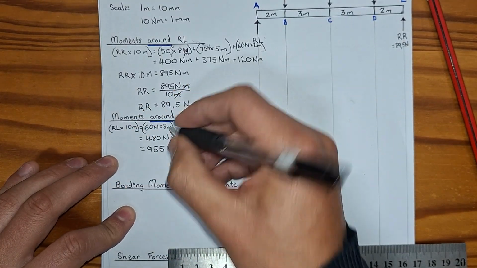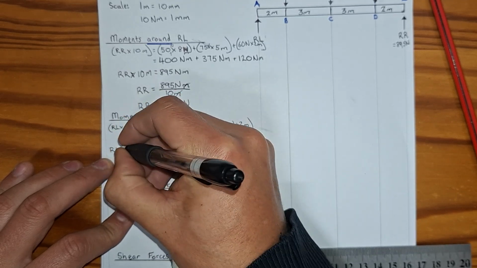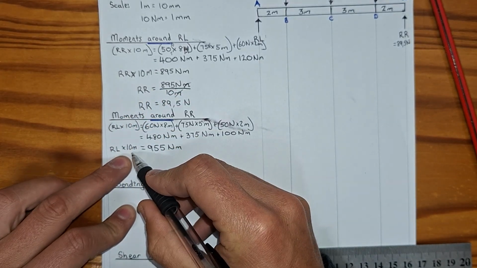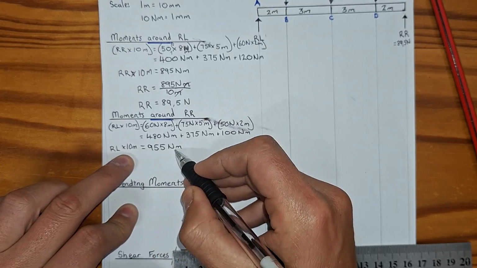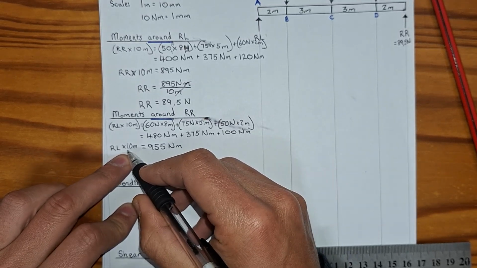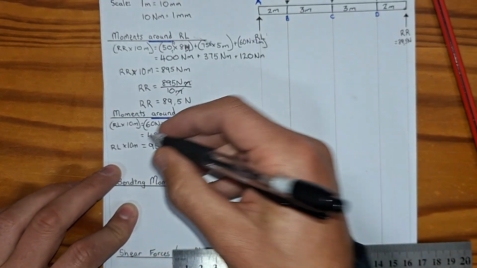Okay. So at this stage again, it's reaction left times 10 meters is equal to 955 Newton meters. We want to get rid of the 10 meters so that it's on the right hand side. So this one is multiplied by 10. We will divide by 10 on the left and the right side to get rid of it on the left hand side.